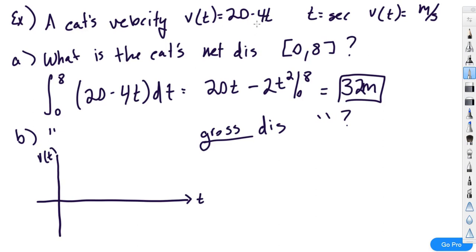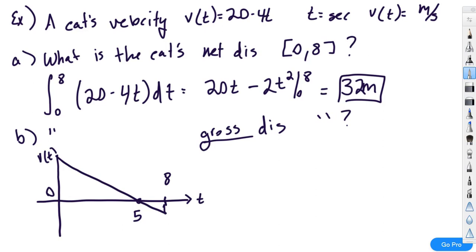So it's negative 4t, which means it's going to have a negative slope. It's going to start at 20 and go down. Let's say that this is 8, this is 0, and right here, this x-intercept, you can find by setting this equal to 0 and solving for t. So that's going to occur when t is 5.